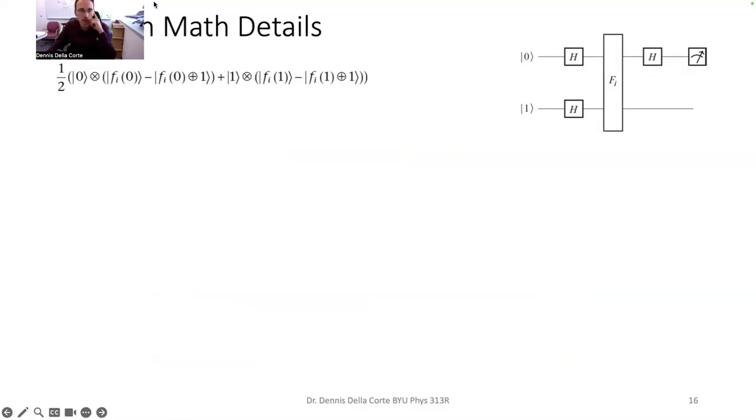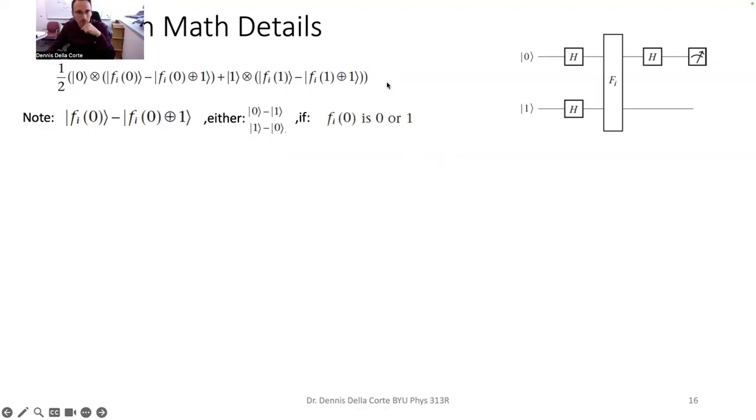Here we're having the gory details of the Deutsch algorithm, where we're taking this expression and manipulating it a bit. The first thing that we note is if I have any of the functions f_i of 0, and I subtract from it f_i of 0 with the CNOT operator 1, then this turns either into 0 minus 1 or 1 minus 0, depending on what f_i(1) is.